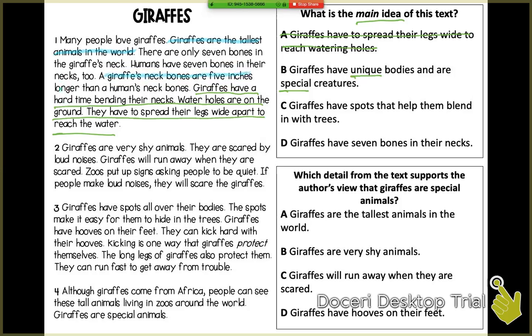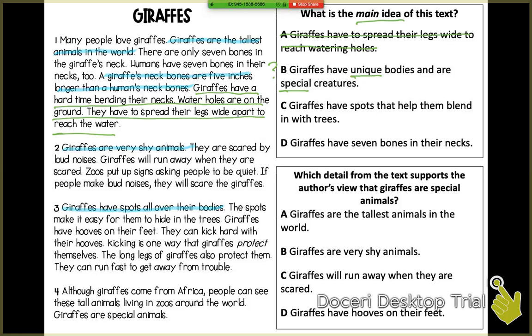The neck is super long. They're very shy. They have those special spots all over their bodies. The hooved feet help them to protect themselves. So yeah, their bodies are unique because it's the tallest animal in the world. That makes them special. It makes them unique. They kind of stand out. So I have enough evidence to support B for now.